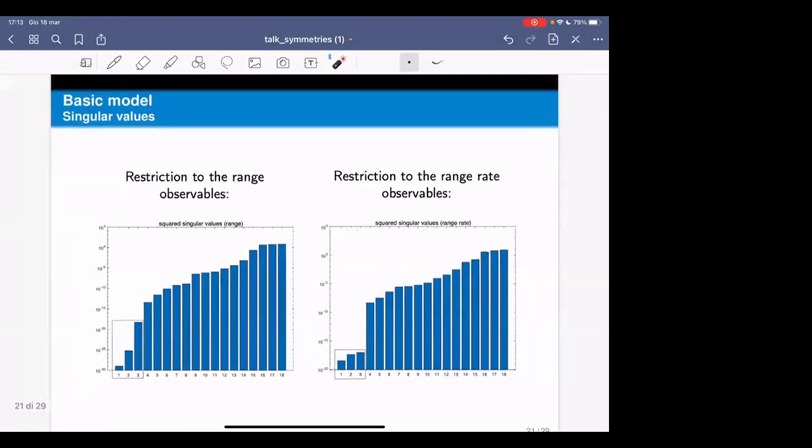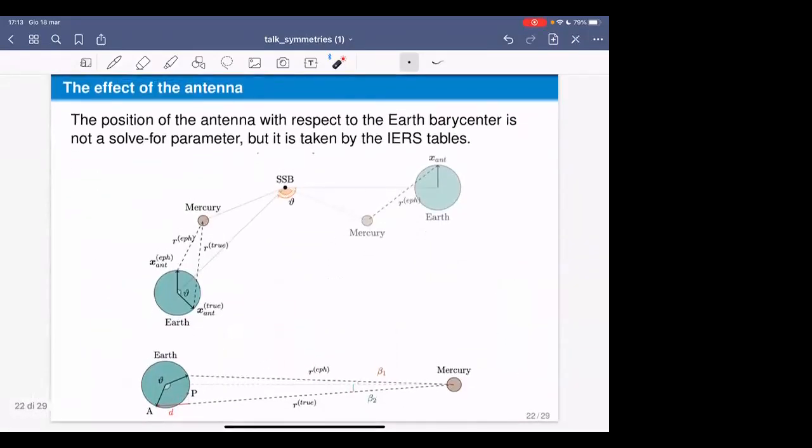Then we went on to include other effects in the simulation. So first of all, the position of the antenna. Actually, the Earth is an extended body. It's not a point mass body, and observations are made from an antenna, from a point on the surface of the Earth.